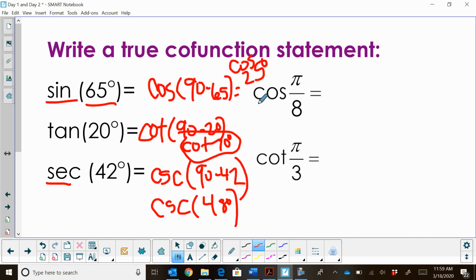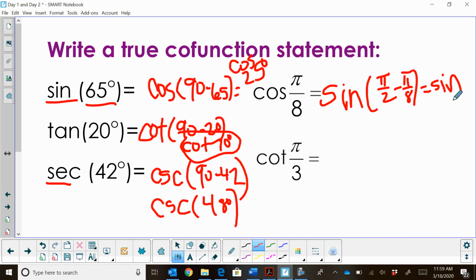Now let's look at it in terms of radians. Okay, cosine's cofunction is sine, but I have to take pi halves, because we know pi halves is 90, minus pi eighths. And so that equals the sine of 3 pi eighths. Still the same thing, you're just evaluating it in radians.